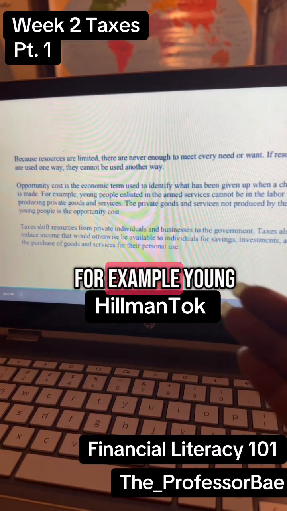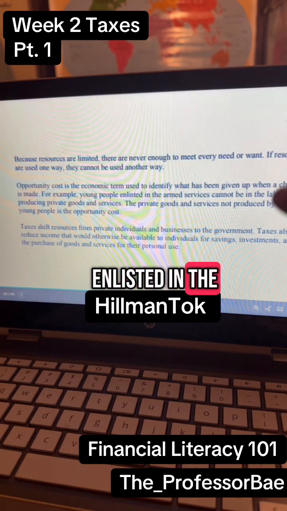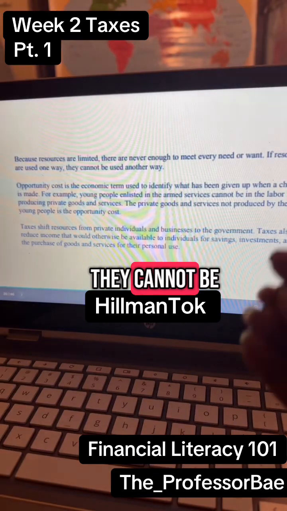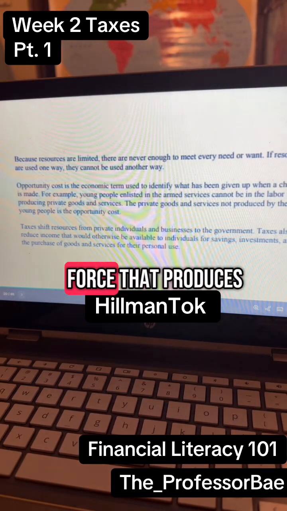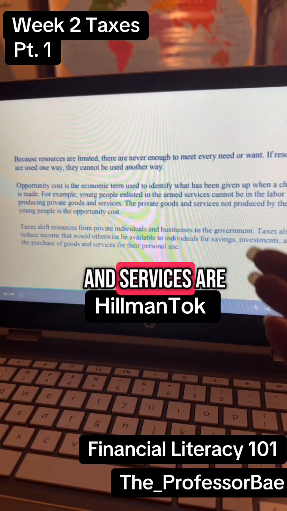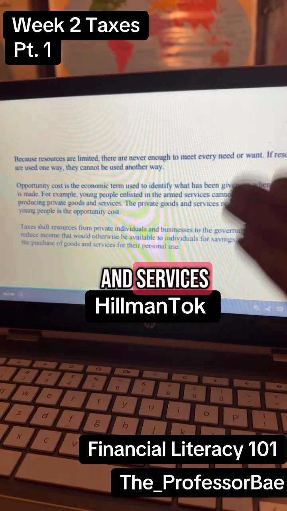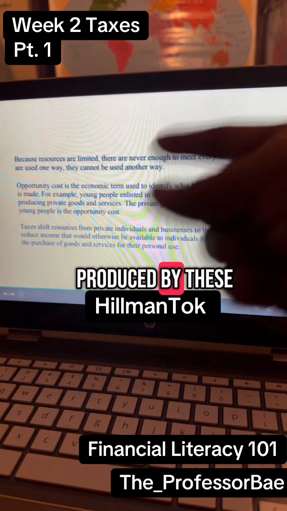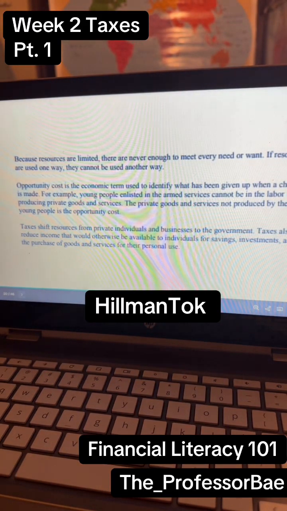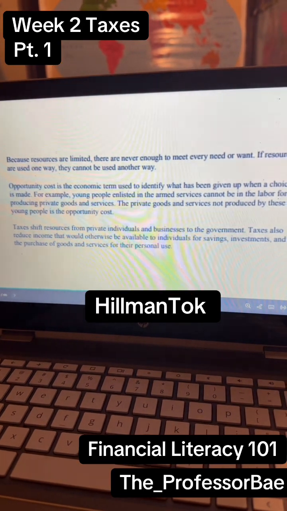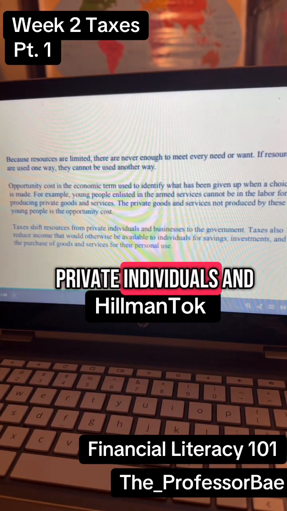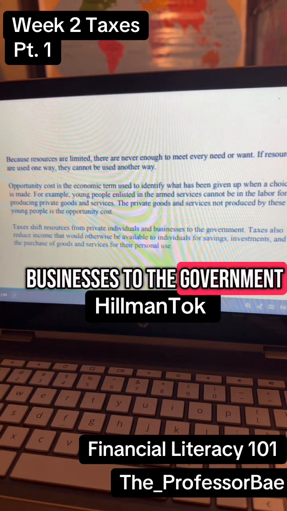For example, young people who have enlisted in the armed services, did you know they cannot be in the labor force that produces private goods and services? The private goods and services that are not produced by these young people that have enlisted in the armed services, that's the opportunity cost. So, taxes, according to IRS.gov, shift resources from private individuals and businesses to the government.